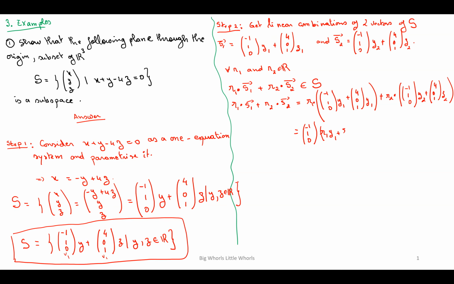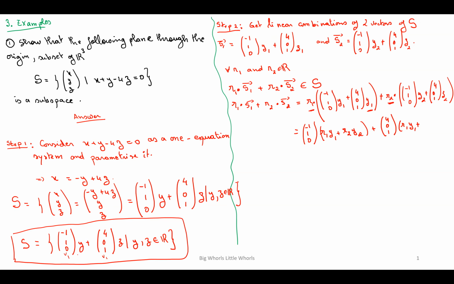So we have plus r2 times y2, plus the second vector (4, 0, 1) multiplied by r1 times z1 plus r2 z2.